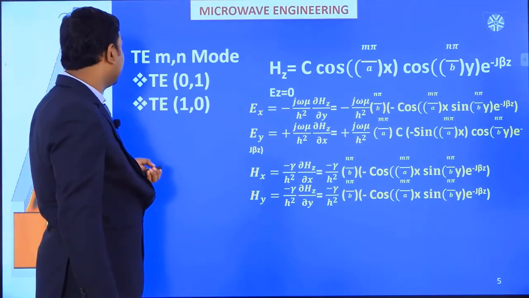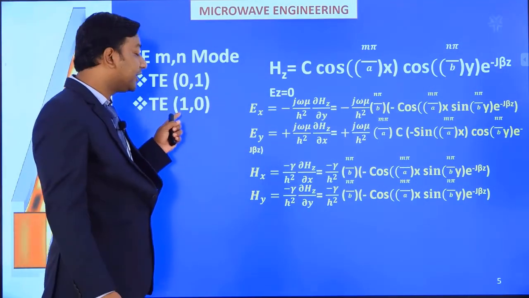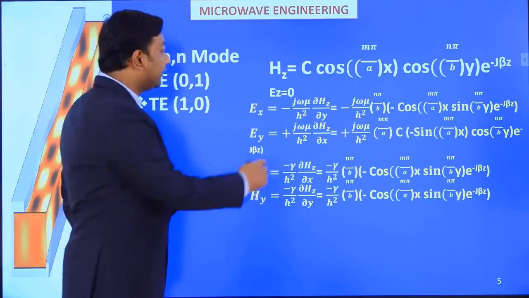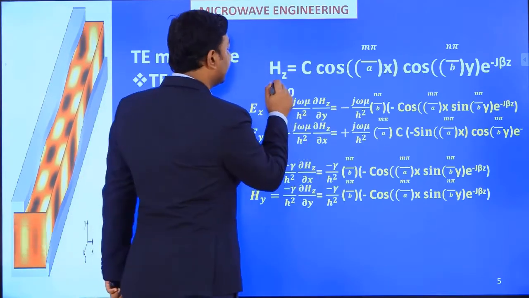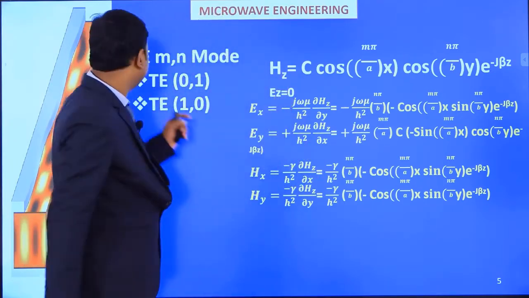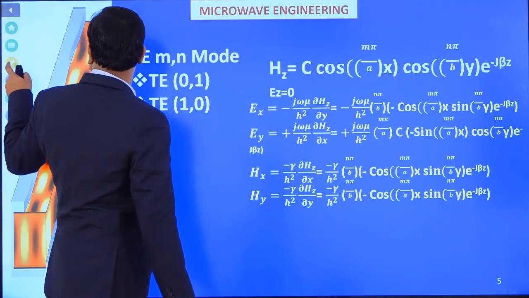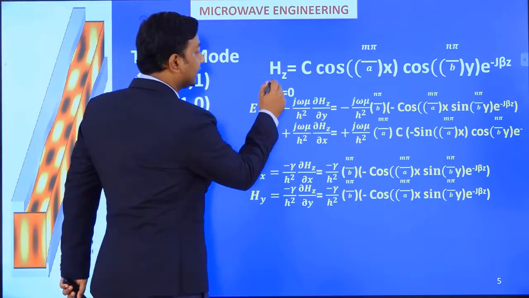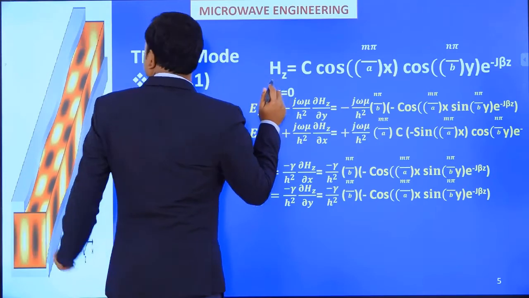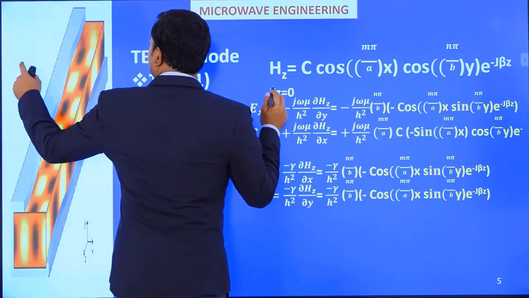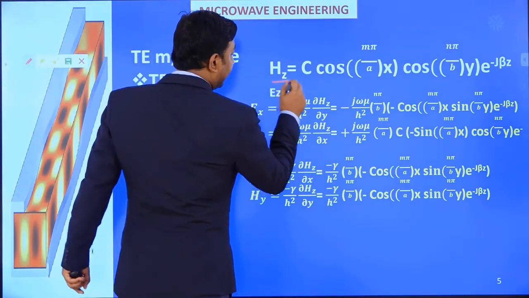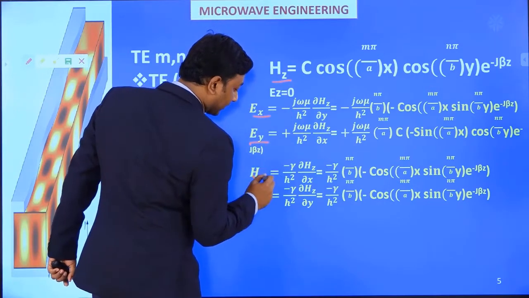Similarly, if you see TE10, for m equal to 1, n equal to 0, the field exists. So we will get the Hz value, the Ex and Ey values, as well as the other field expressions.